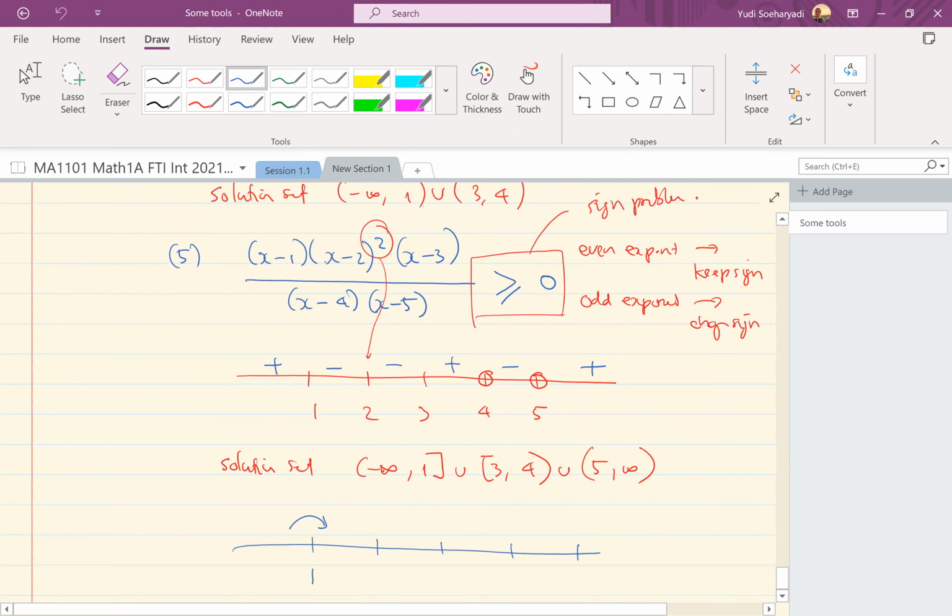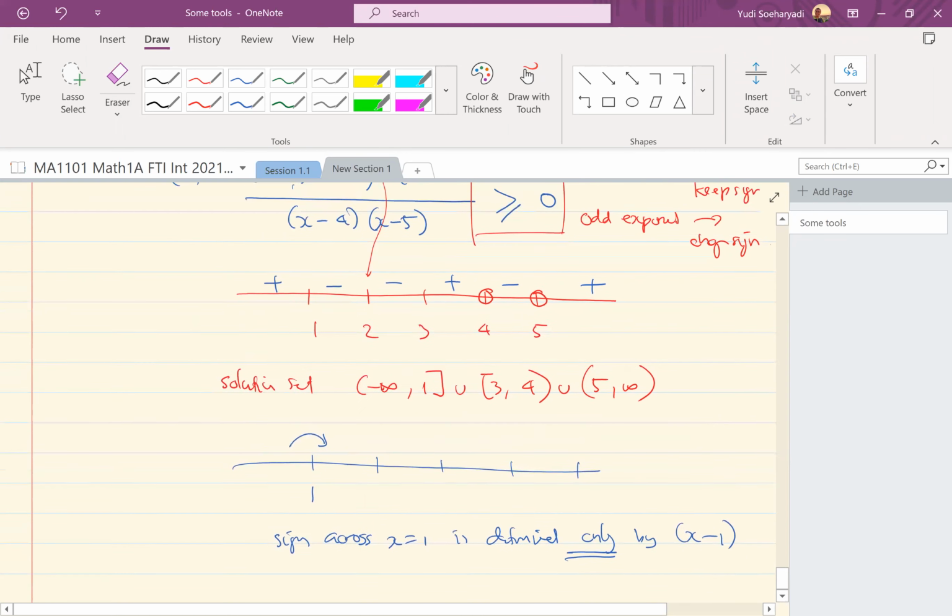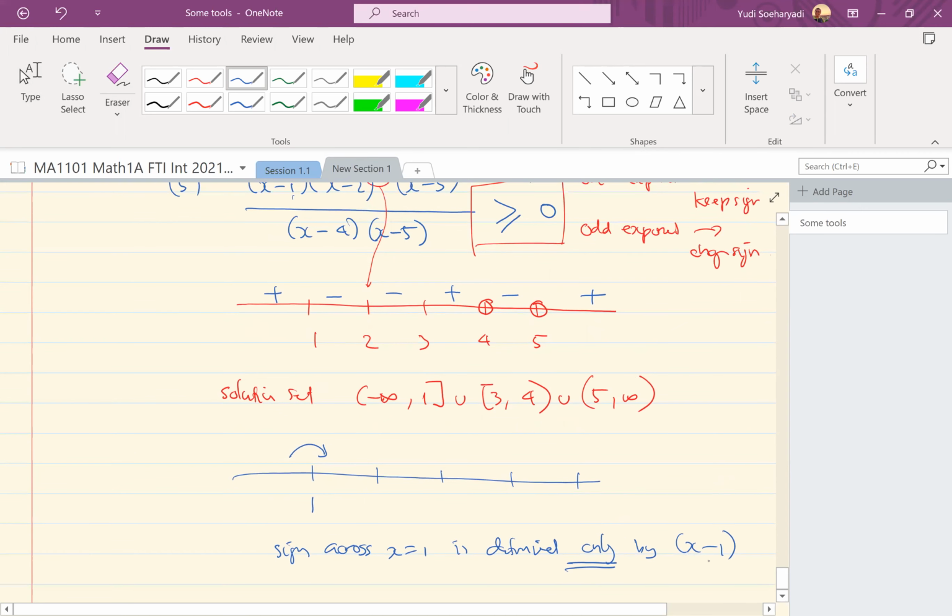Everything else won't change sign across 1. The only thing that changes sign is this factor. So the sign across x equals 1 is determined only by x minus 1.